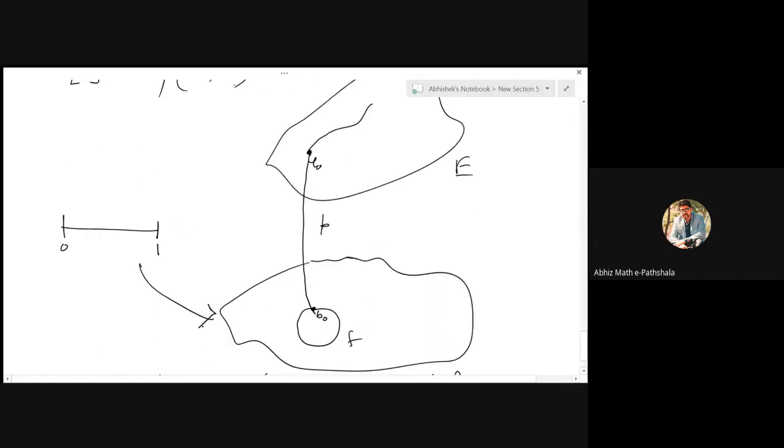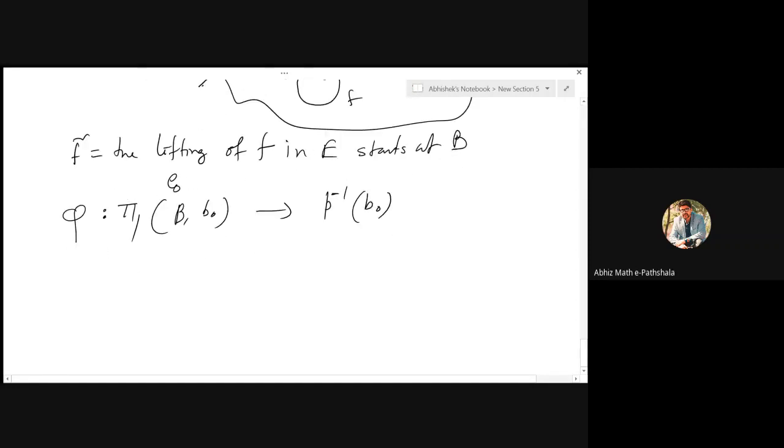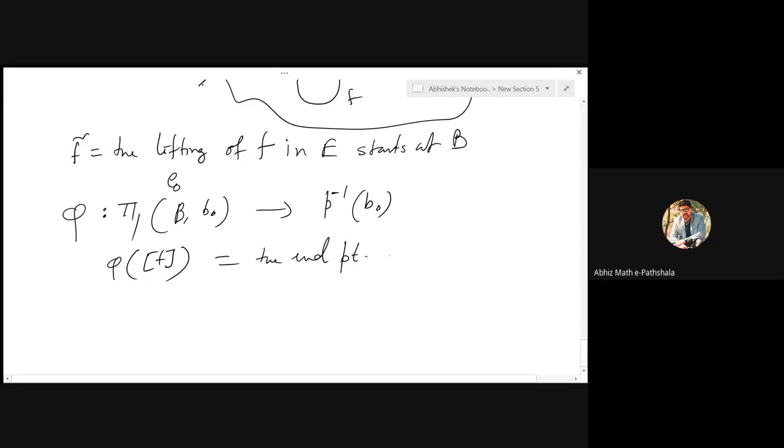Then we define a map phi from the fundamental group of B based at b naught to the set p inverse b naught, by the rule that phi of this class goes to the end point of f tilde, that is f tilde of 1.